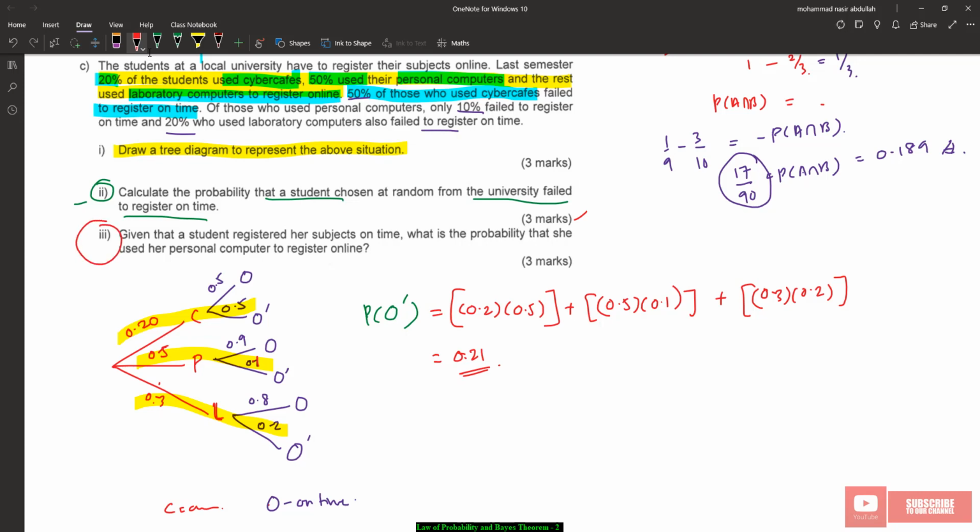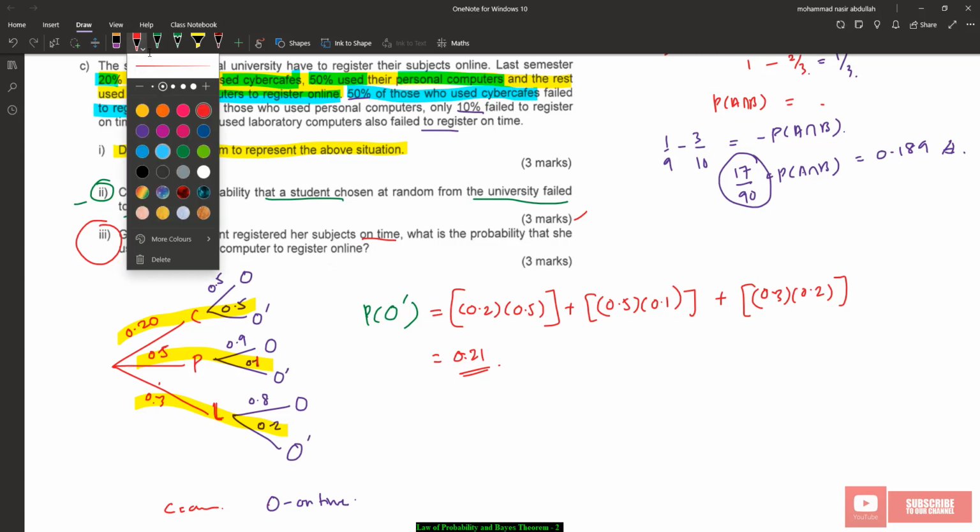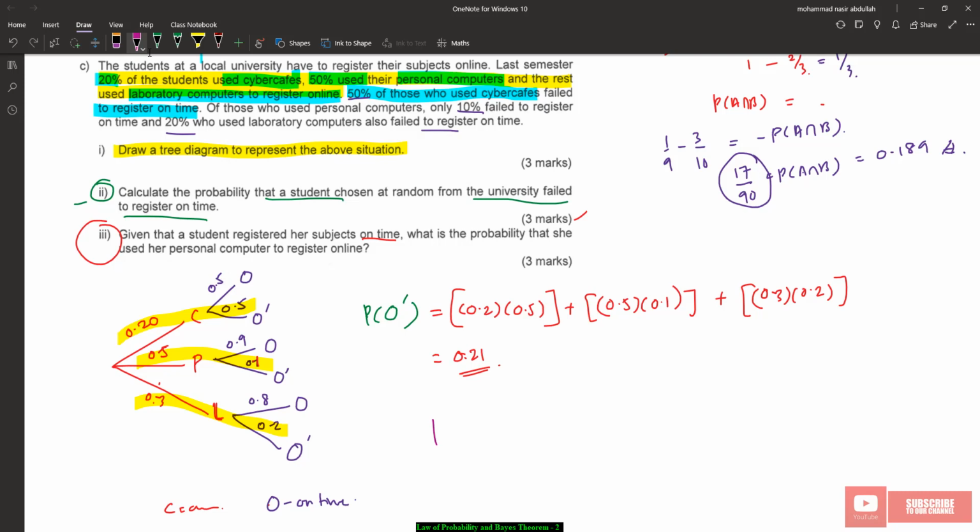And then the last one, I don't know the correct answer. You calculate for me, because I just take whatever answer you give. So given that the student registered her subject on time, maksudnya kita letak macam ni: given O. What is the probability that she used personal computer to register?